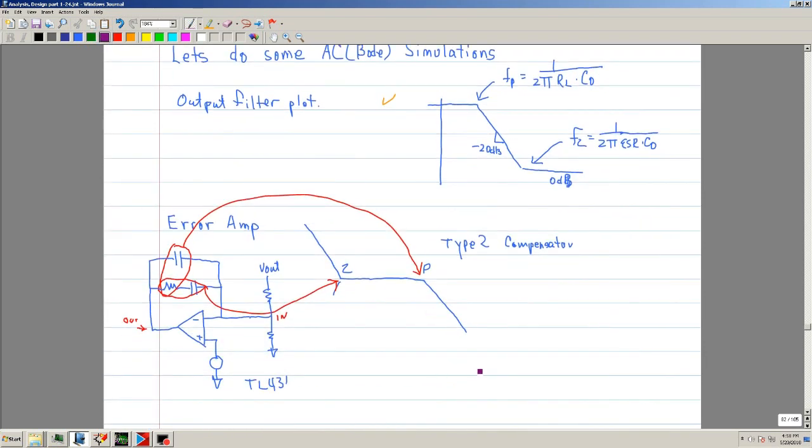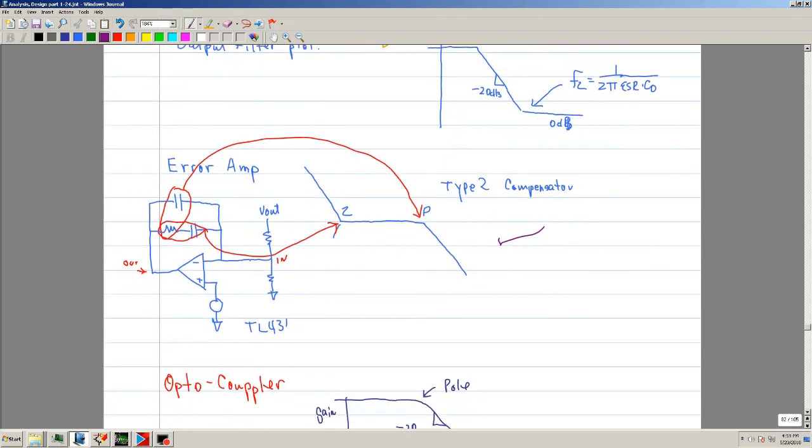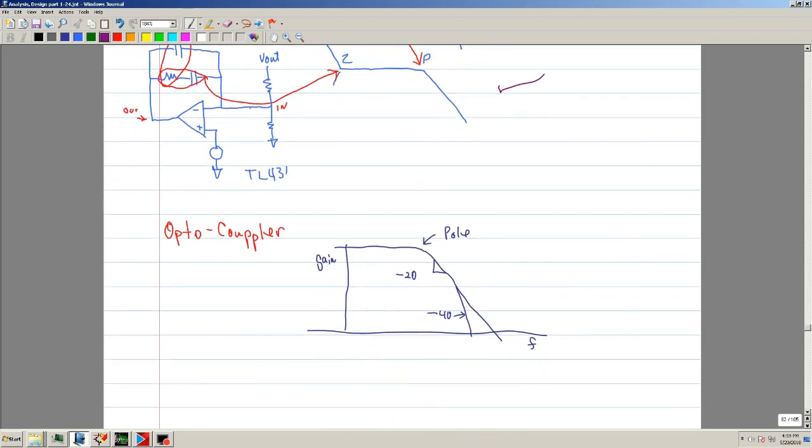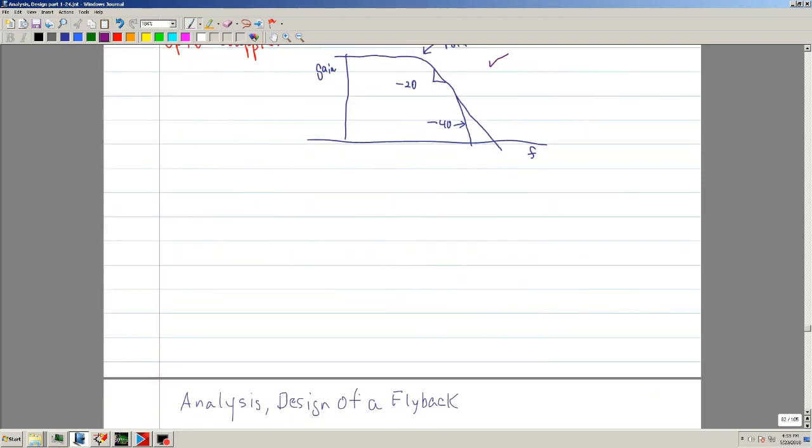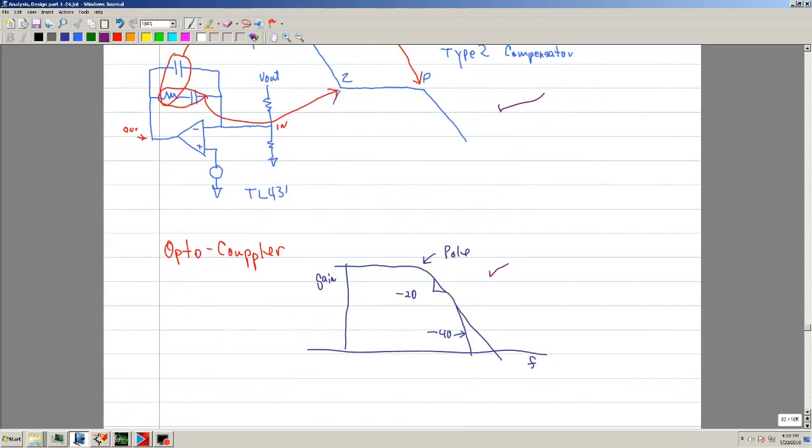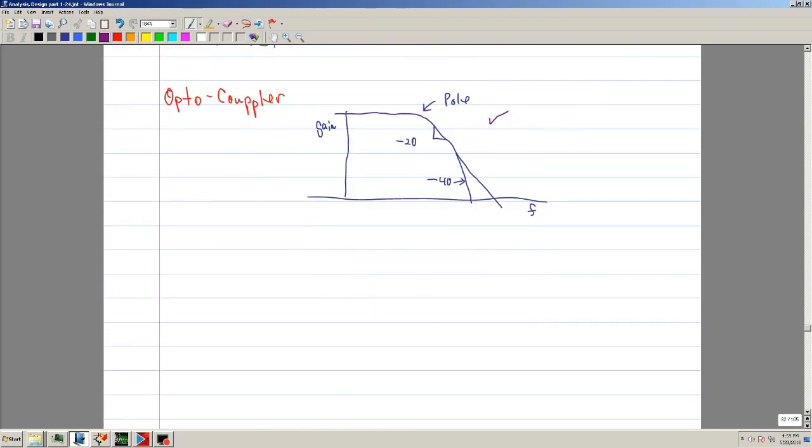I also showed how to measure and simulate the error amp, and you'll get a response like this. Lastly, how to simulate and measure the frequency response of the opto. Those are the two critical ones. If you haven't seen those videos, see them because it's very critical.